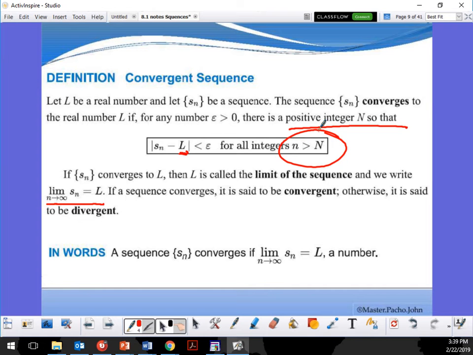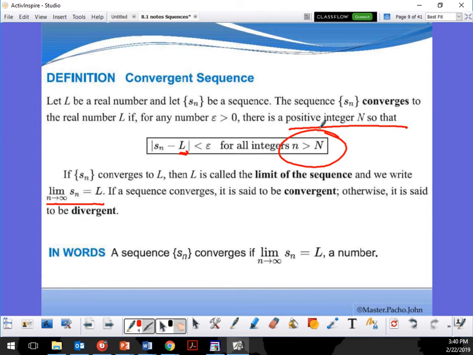So, as little n keeps being plugged in, for it to be convergent, it's got to converge, right? So, let's say my n equals 3.